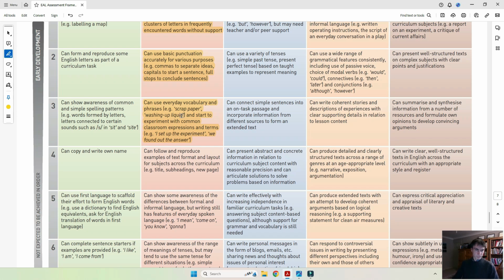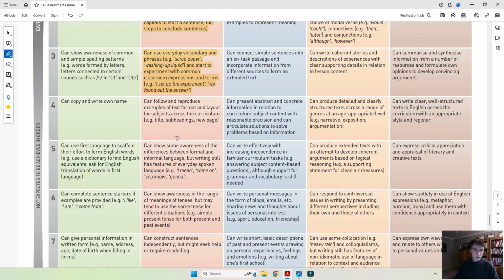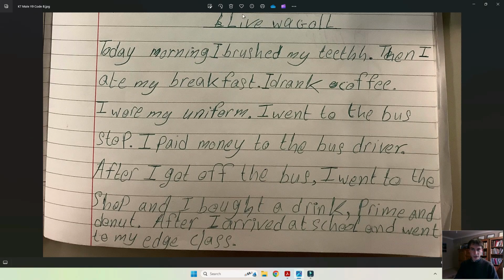Okay, next, can follow and reproduce examples of text format and layout for subjects across the curriculum. Well, we simply don't know from this. If we look again, we do have the title on top, but that might be a little bit too little to justify marking this descriptor as fulfilled.